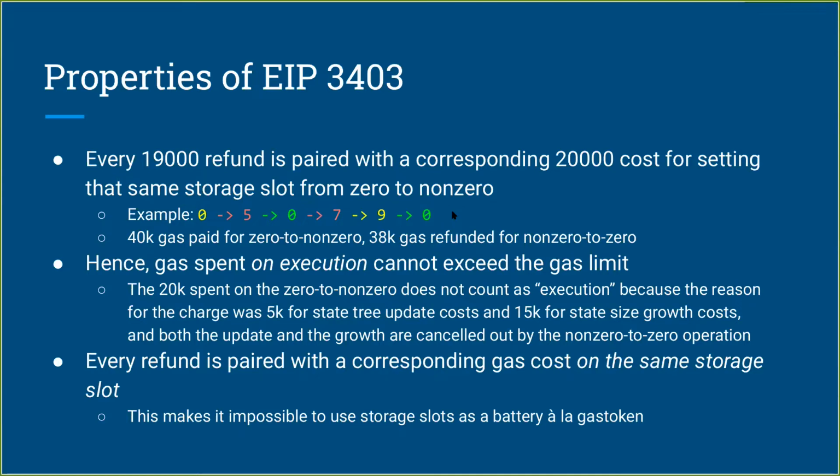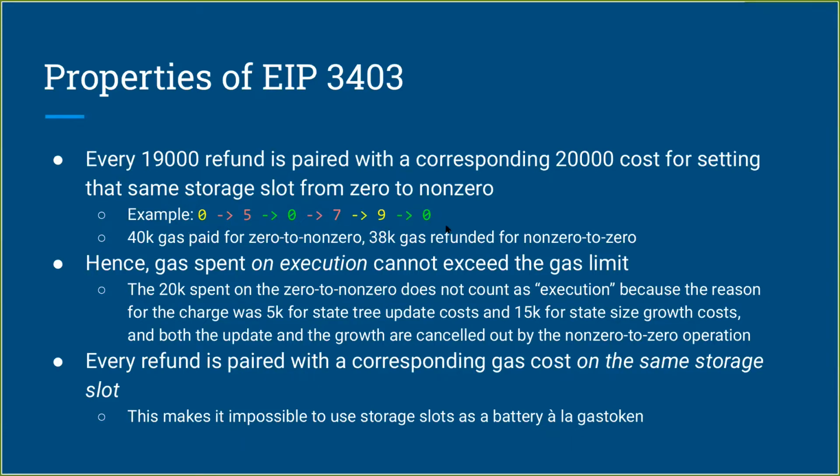For example, if you have a contract storage changing its value, it goes from 0 to 5 to 0 to 7 to 9 to 0. In red here, the 0 to 5 and the 0 to 7, those are the 20,000 costs for setting the storage slot from 0 to non-zero, and then the green 5 to 0 and 9 to 0, that's setting non-zero to 0.